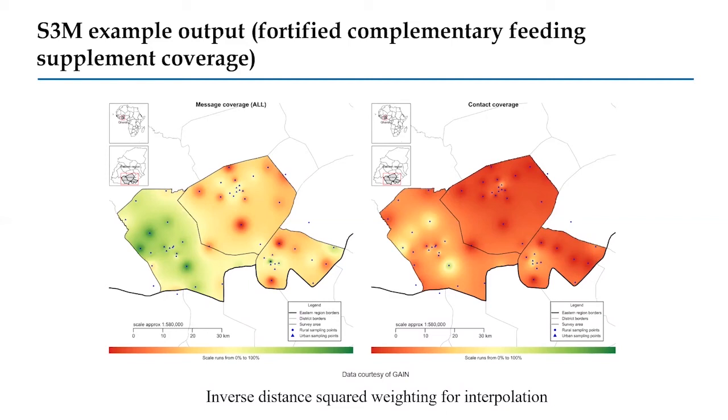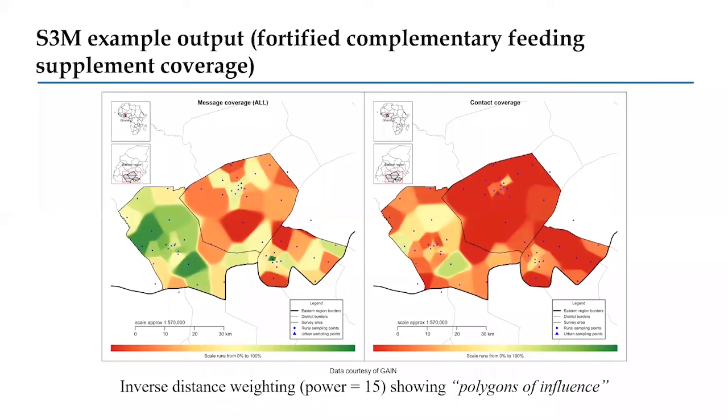So is this approach something that you basically no longer recommend that people use? And then on the next slide, you said that this presentation is not as useful because you're not really working with catchment areas. So if it's less useful, why are we looking at it? And how would we use it? Would we not consider this to be a reliable estimate of the fortified complementary feeding supplement coverage?